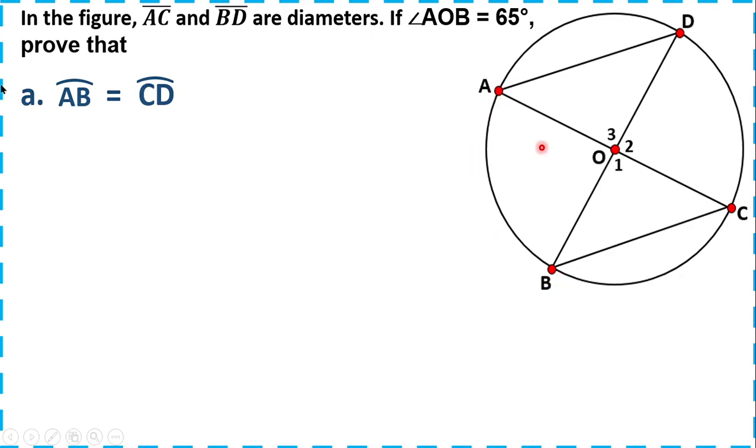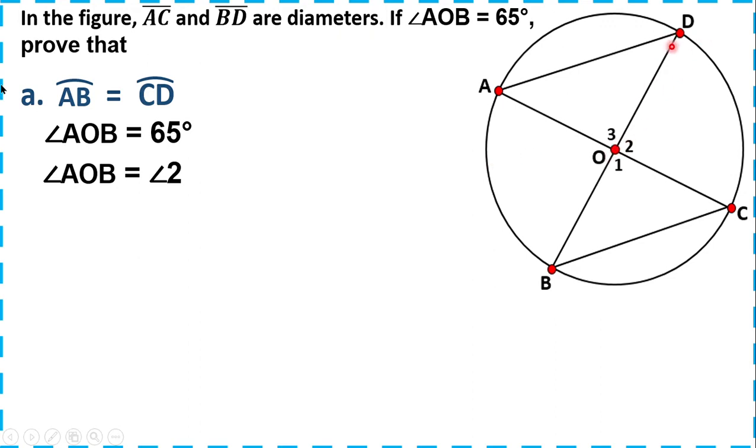Since angle AOB is intercepted by arc AB, and angle AOB, as you can see, is a central angle, it means that arc AB is the same as angle AOB, 65 degrees. Therefore, angle AOB is also equal to angle 2.